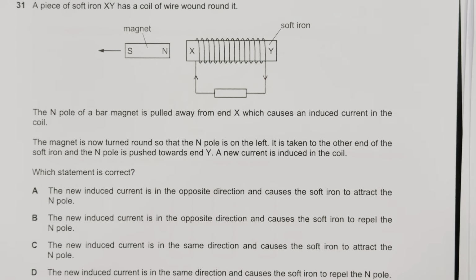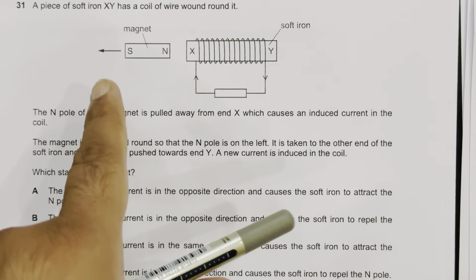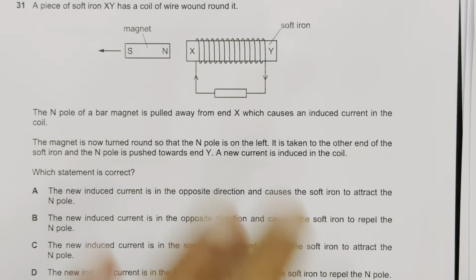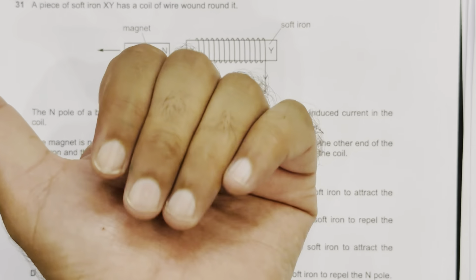Question number 31 is the application of Lenz's law. Lenz's law is that whatever change the current produces, the induced current would oppose it. So if it is south and it's north, we also have to apply the right hand rule for this question.